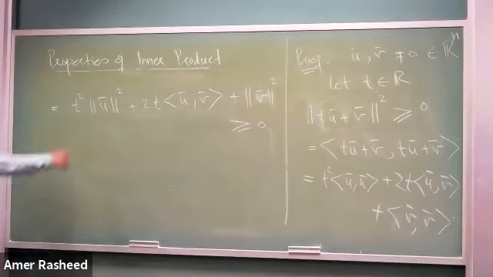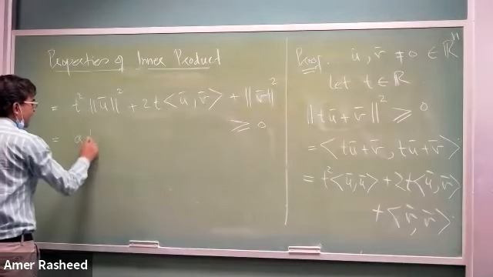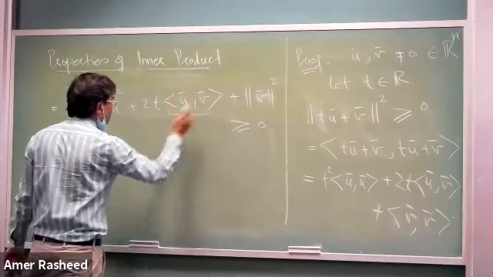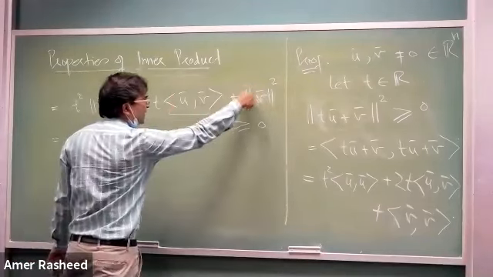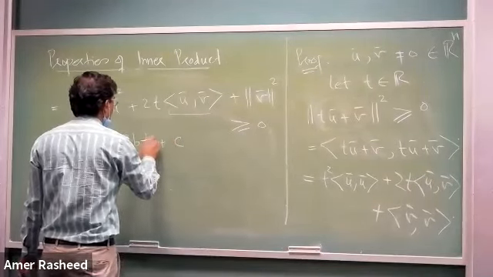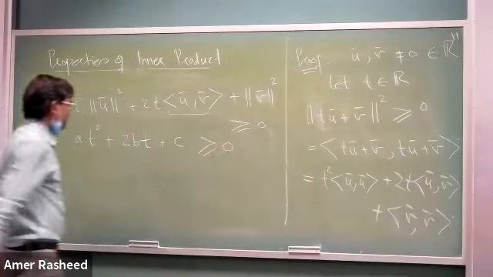Now, if we assume that this is A, it is A t square plus, assume that this is B, we can say that 2bt, and we assume that this is C, plus C. And this whole thing is greater than or equal to 0.